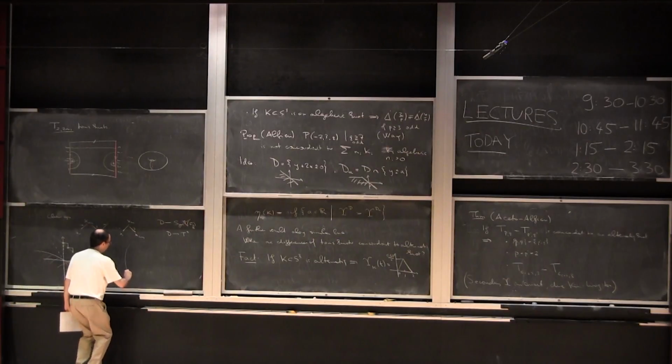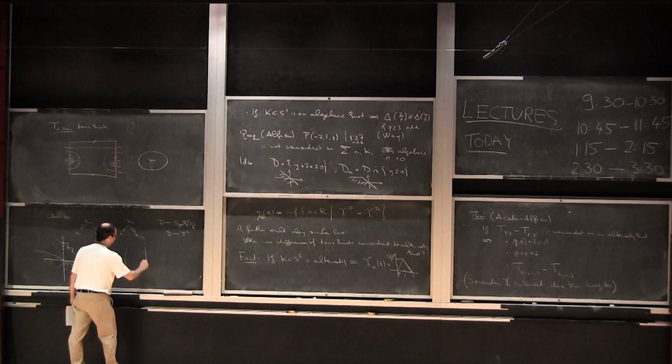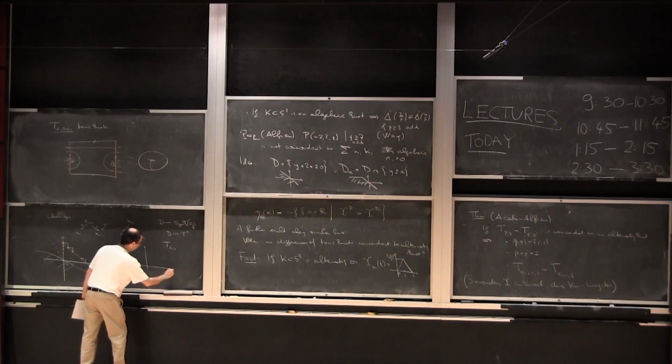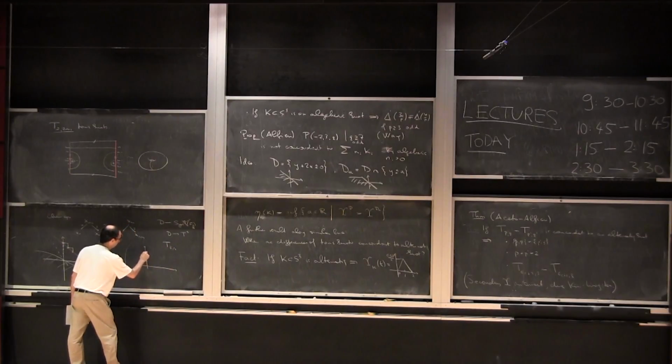Let me give you another such chain complex. If you do it for the 3-4 torus knot, then you will get a slightly different picture. It will look like this.